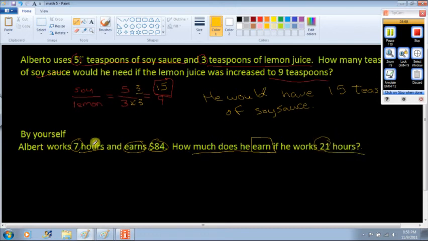So again, words first. You can do earns to hours or hours to earns. So we'll go ahead and do hours to earns. Or you can put hours to money.